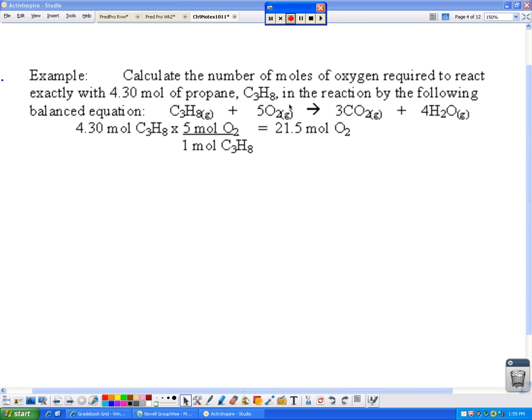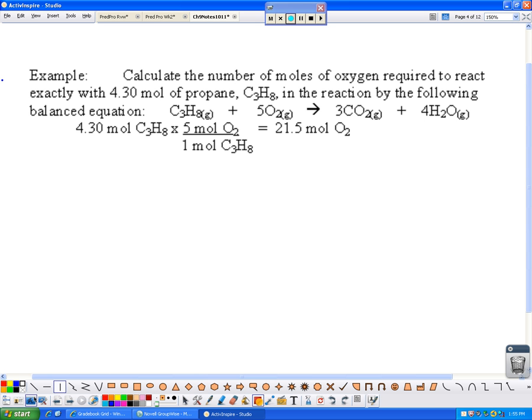Here's our last question before you start working on any of the questions there in the video. You have 4.3 moles of propane, C3H8. You're supposed to calculate, let's just underline the actual question, calculate the number of moles of oxygen. So again, we're looking for oxygen. So here's the oxygen right there.